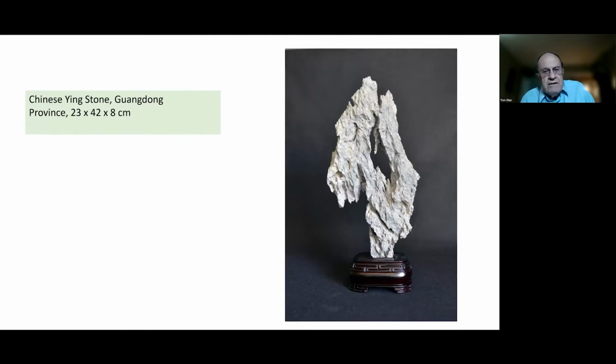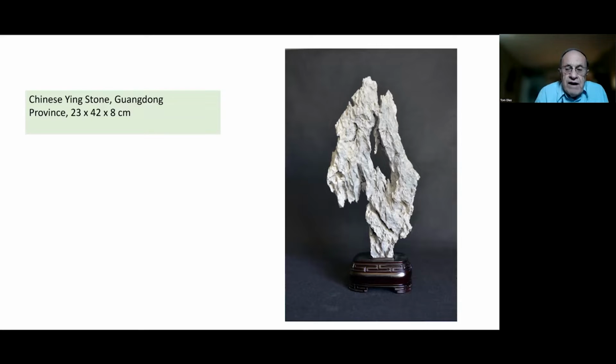Now, starting with some Chinese stones, since China is the origin of stone appreciation, the criteria for evaluating stones can be traced back over 900 years to Mi Fu, a famous stone connoisseur, and he developed the criteria of shou for thinness, tou for channels, lou for holes, and zhou or zhao for wrinkles.